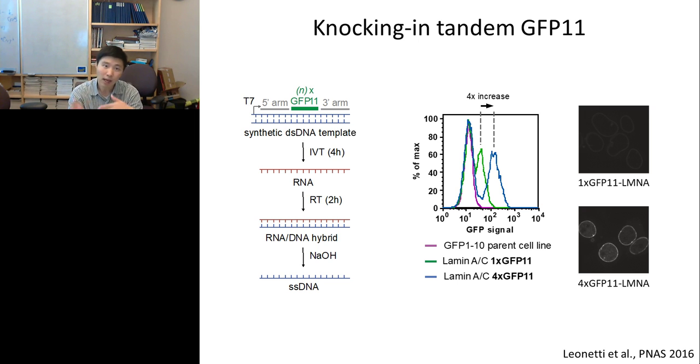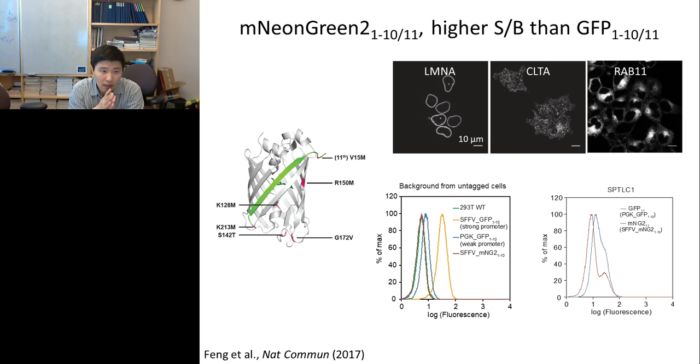And if we decrease our detection threshold by a factor of 4, we should be able to cover 60% of the genome in HEK293T cells. That'd be nice. Still, it'd be nice if we can have a smaller tag. For this purpose, Siyu has looked at a newly engineered fluorescent protein, mNeonGreen.